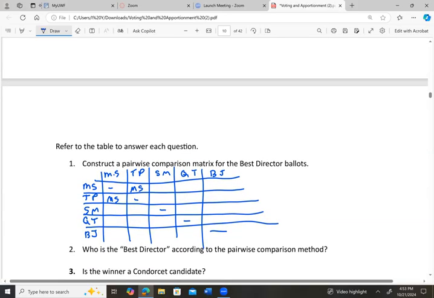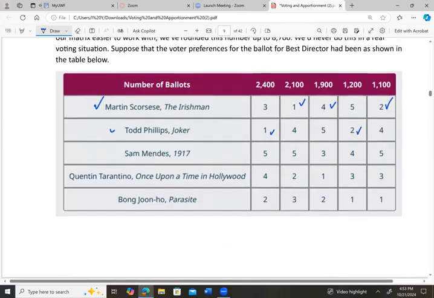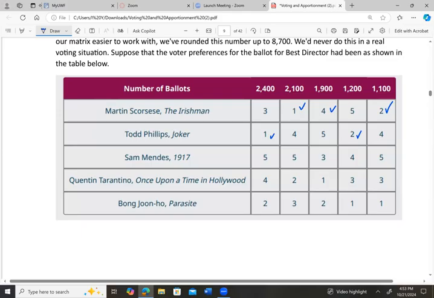So our next comparison will go MS against SM. Again, I'm looking at Martin Scorsese and Sam Mendes. Scorsese there and there. Mendes there and there. Scorsese there. So again, Scorsese gets the win.